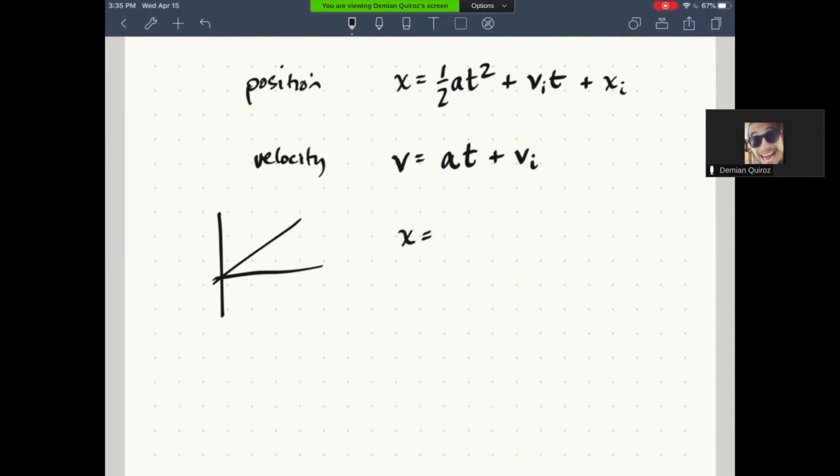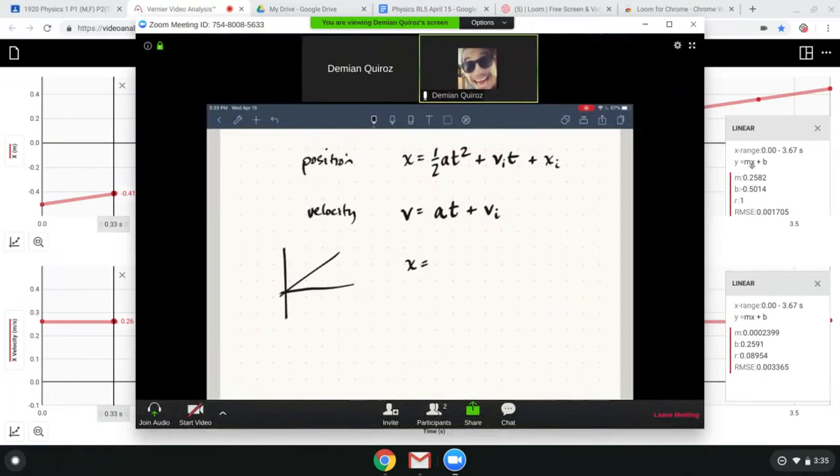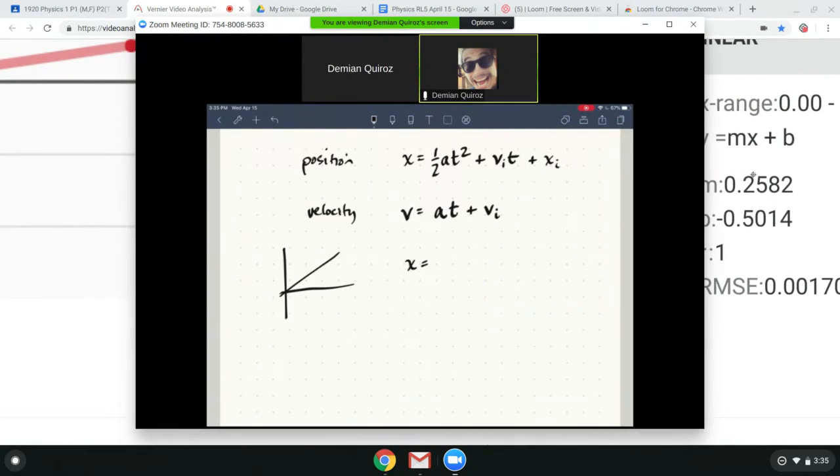Position is equal to, if I go back to my screen and take a look over there, it says x is mx plus b. I got x equals 0.2582 times t plus negative 0.5014. Okay, what does that mean?